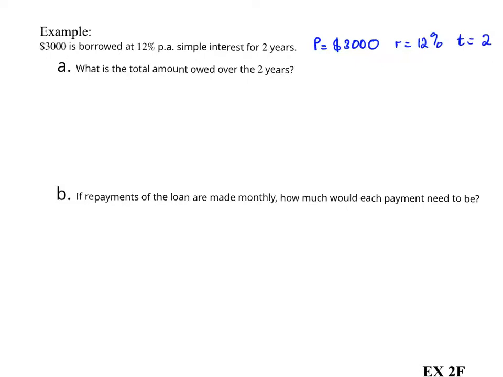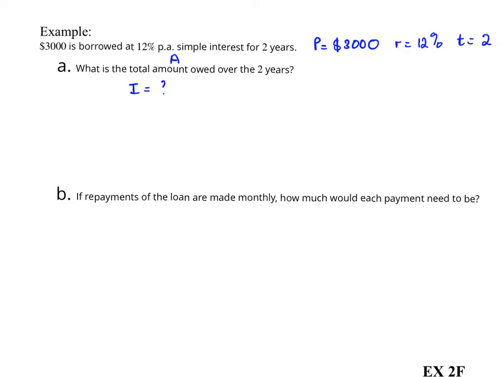But what does part A want us to find? What is the total amount owed after 2 years? Total amount is not just the interest, it is the interest plus the principal. It's your A. So let's find the interest first. All right, let's find I. Then we'll be able to work out the final answer to the question.